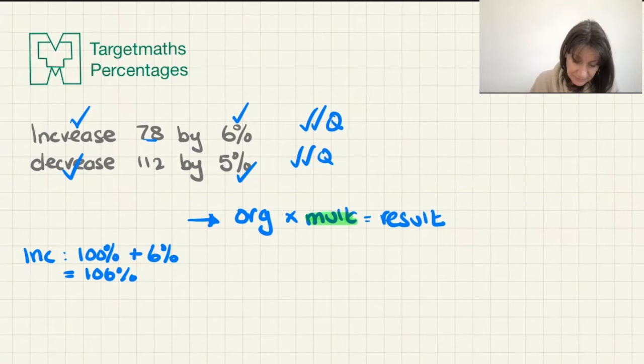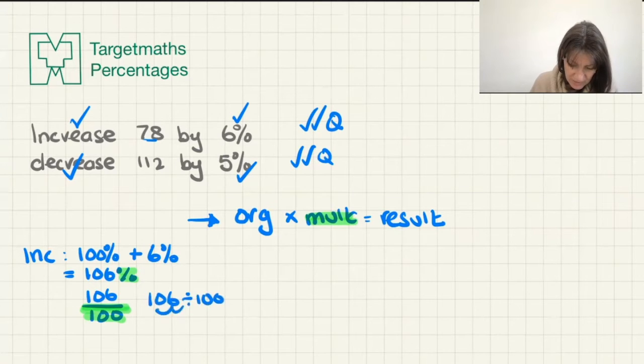Percent, that bit there, means out of 100. So 106% means 106 out of 100. And then obviously this divided by 100 would give me 106 divided by 100 in 2 places, and I've got 1.06.